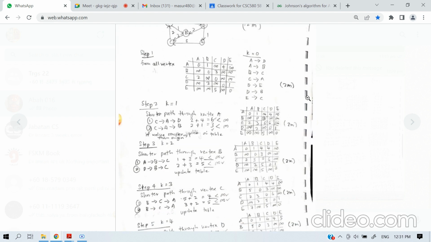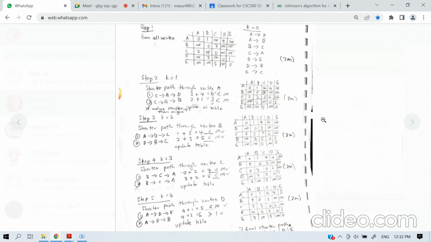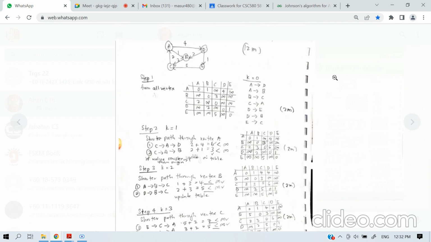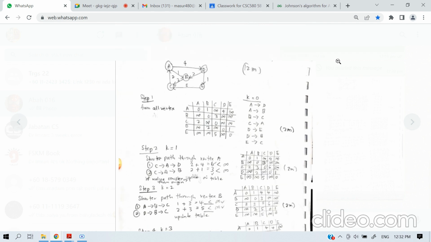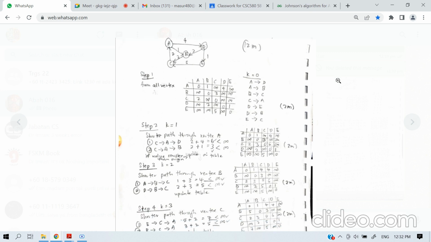And the last one, we saw Johnson's algorithm just now. Actually, Johnson's algorithm works together with the Dijkstra algorithm. However, Johnson's algorithm is used when there is a negative weight inside our graph. Otherwise we can use any algorithm to find the minimum spanning tree inside the graph. Minimum spanning tree is the shortest path from A to N node.